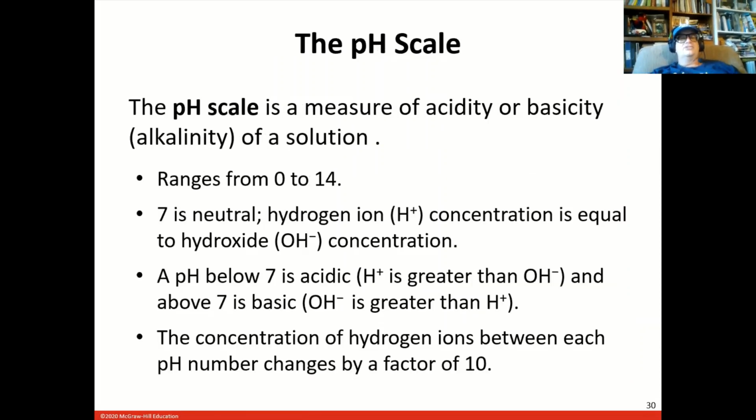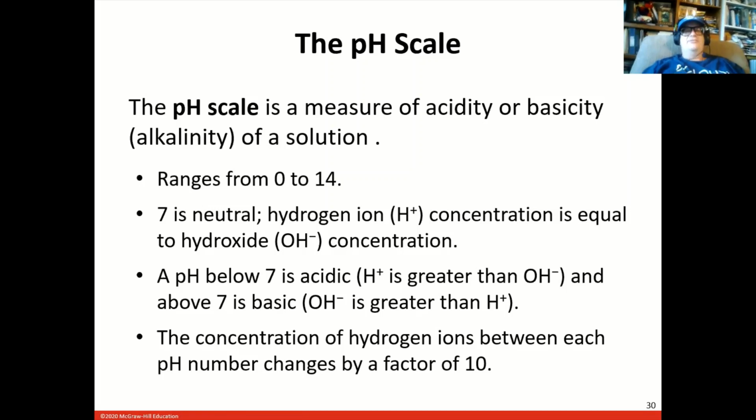All right, so a pH scale is a measure of how acid or basic something is. The word alkalinity or alkaline, it's the same thing as saying basic. The pH scale ranges from 0, super acid, like melt your face, to 14, ultra super basic. 7 is in the middle. That's when you got a balanced, same number of hydroxides and hydrogens. That's neutral.